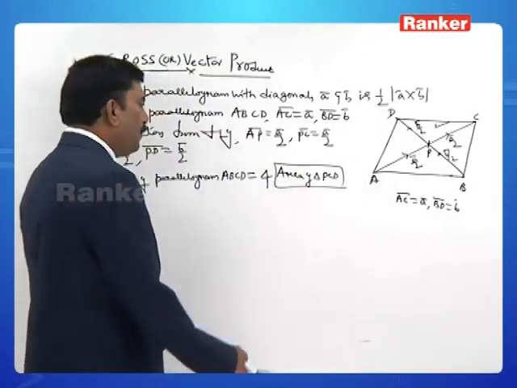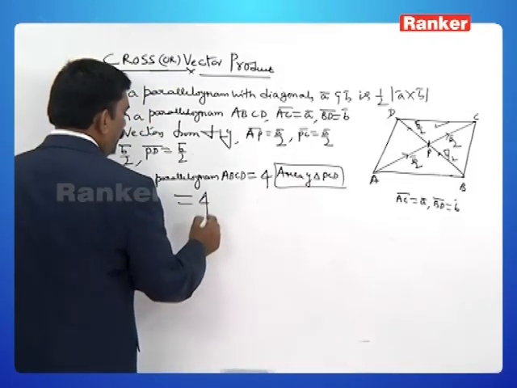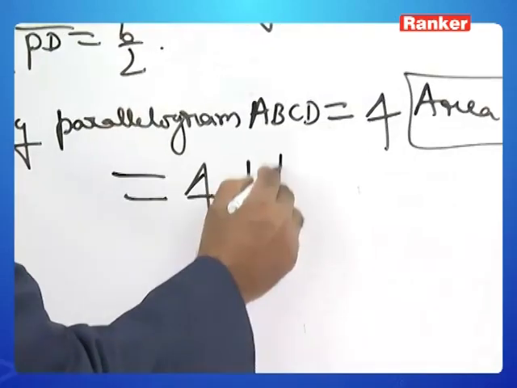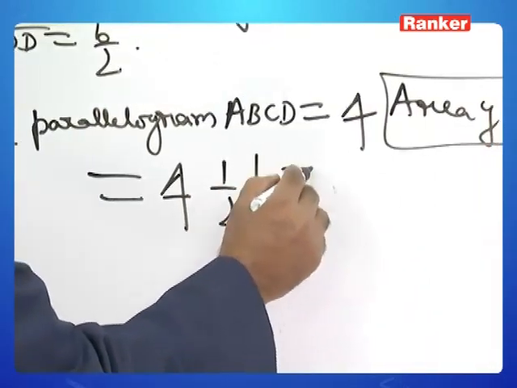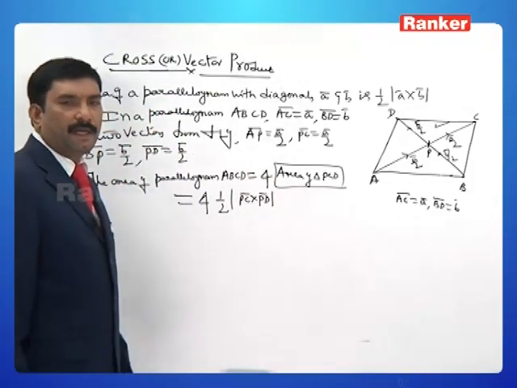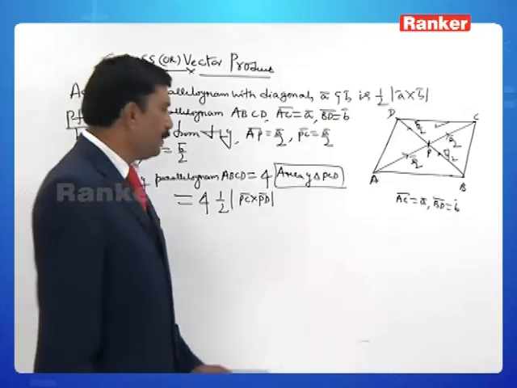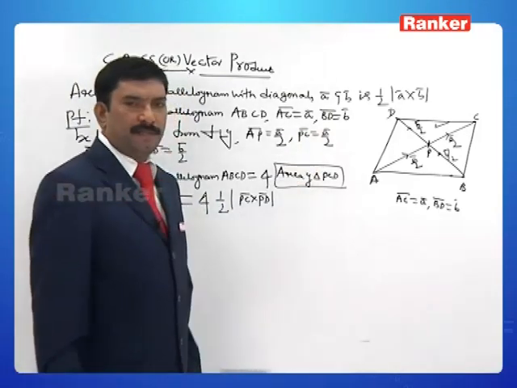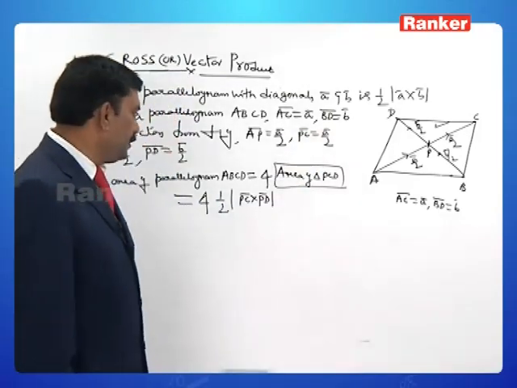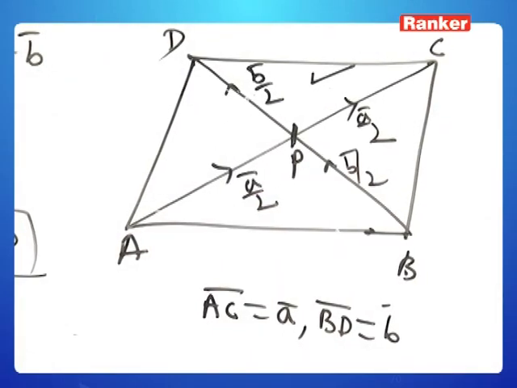So this is equal to 4 into, what's the area of a triangle? Half into PC bar cross PD bar, the two sides. But we have PC bar as A bar by 2, PD bar as B bar by 2.